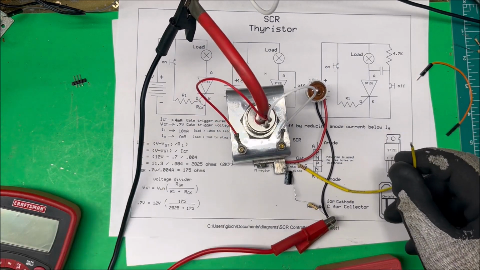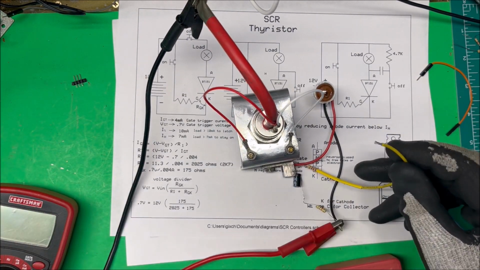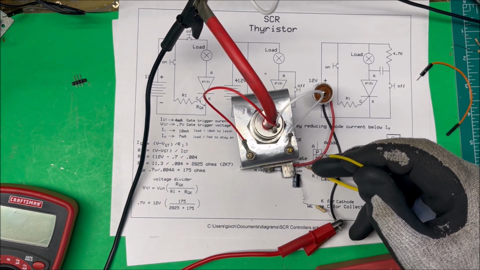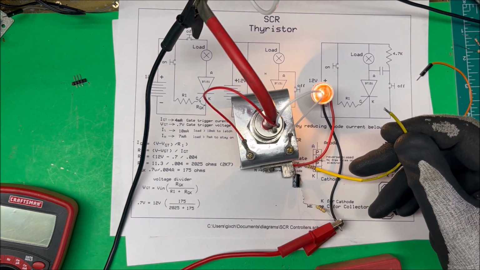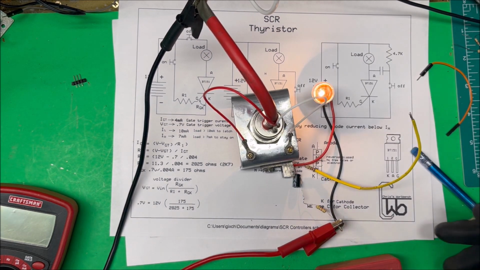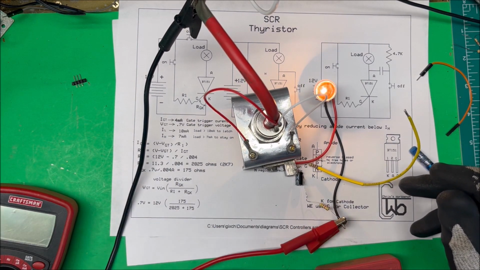Okay, can we see that? Now, this is our gate here. The white one's the gate, and I'm just taking the resistor from the power here and turning that on.